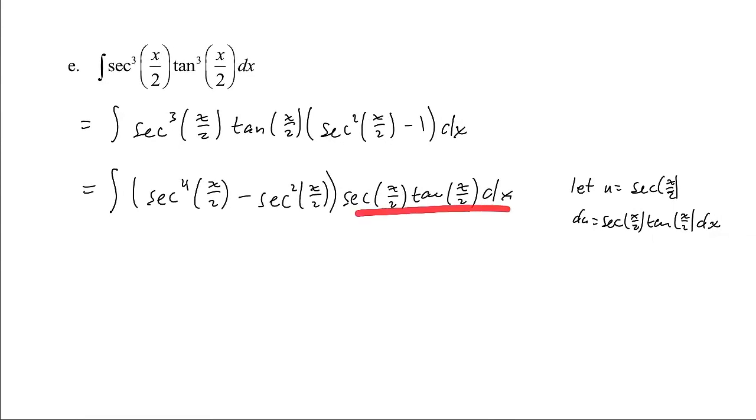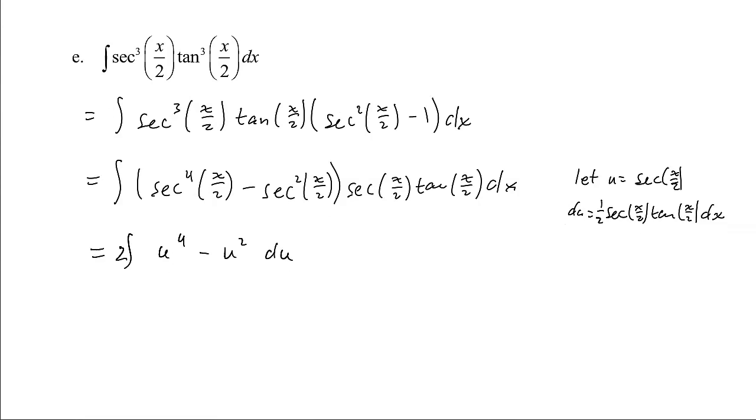Right, here's my du, that's why I wrote it like that, so it's all together. And I have my u's, so the integral of u to the fourth, whoop, I missed my 1/2 in my du. 1/2, so this will be 2 u to the fourth minus u to the second du.